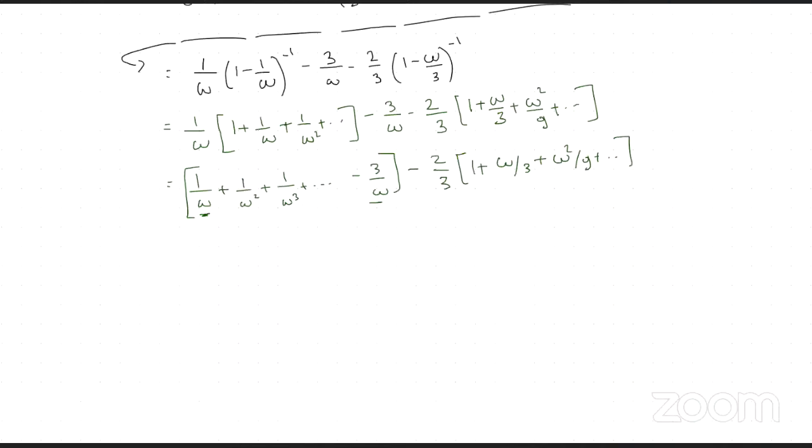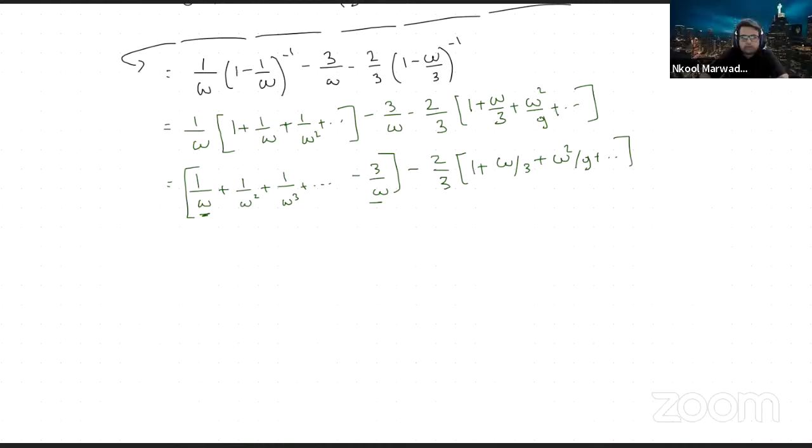So it will become minus 2 by omega. That is right. Minus 2 by omega minus 1 by omega square plus 1 by omega cube plus dot dot, isn't it?